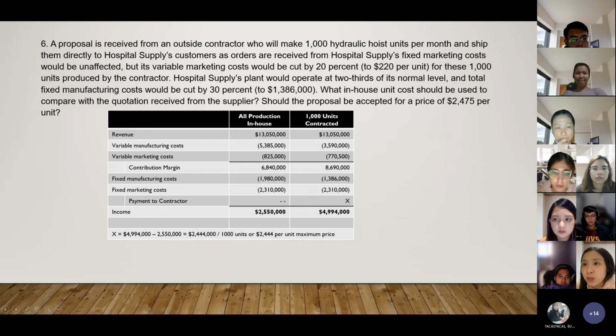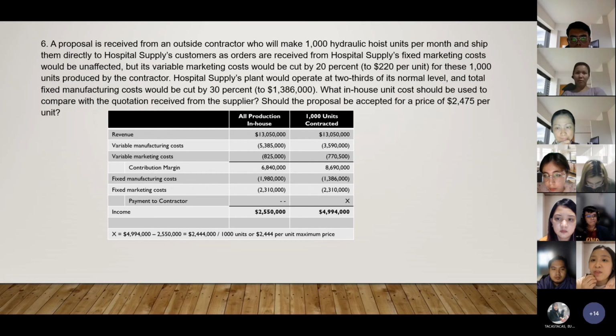For marketing costs, there's a difference of almost 100,000. So the contribution margin is 6,840,000, and 8,690,000 for the 1,000 units contracted. The fixed manufacturing cost and the fixed marketing cost remain the same.